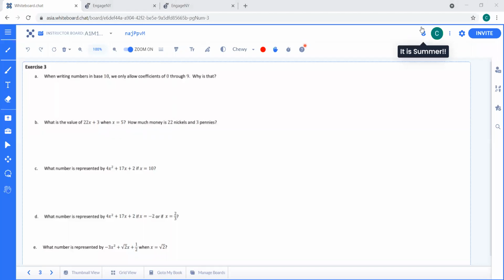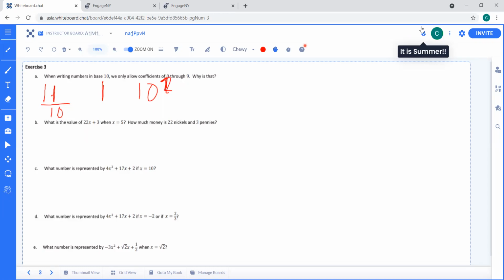So if we say we're using base 10, right? And let's say I have 11. I'm going to break that down and divide by 10. And so I've got 1 10 and 1 left over. Right? So if I go from 0 to 9, if I go up to 10, I'm just having to add another 1 to my exponent.